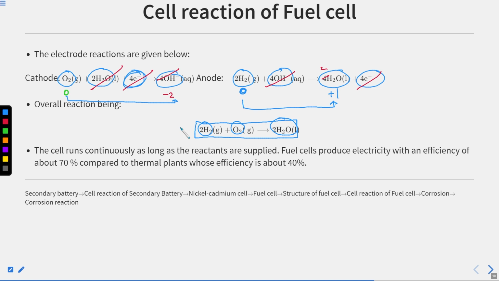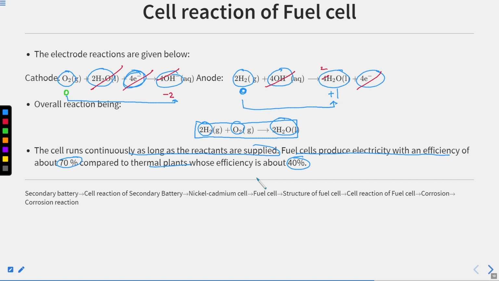The cell reaction runs continuously as long as the concentrated reactants are supplied. Fuel cells produce electricity with an efficiency of about 70% compared to thermal plants whose efficiency is 40%. Why? Because we lose a lot of energy, right? We heat it, and heat dissipation occurs there. We boil it, again heat dissipation occurs in that step, and the turbine that is rotated faces friction, that is air friction.